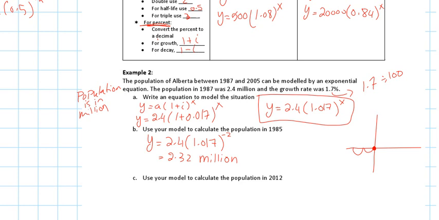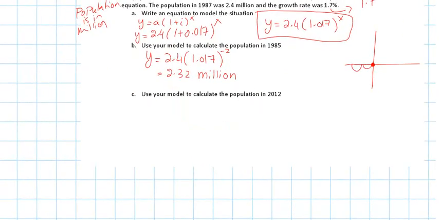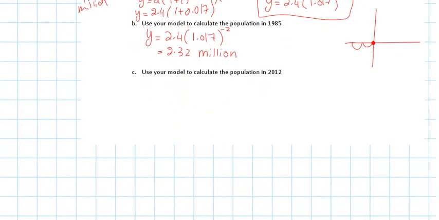All right. Now it's asking to use your model to calculate the population in 2012. So, how would I know? It's 2012 minus 1987, right? Because that's my year 0, right?